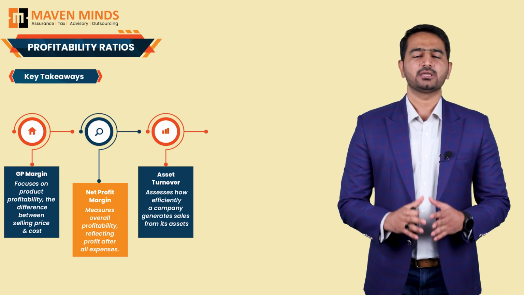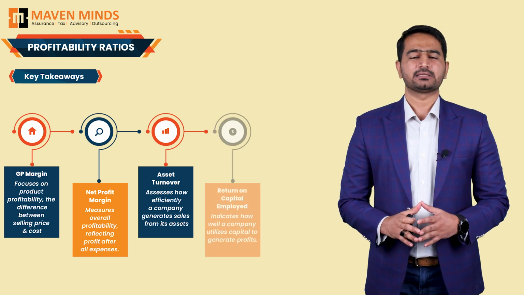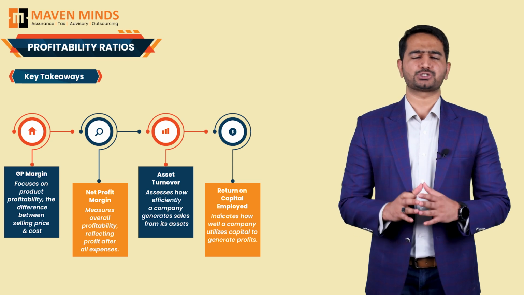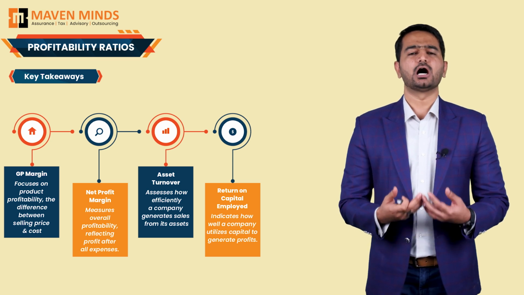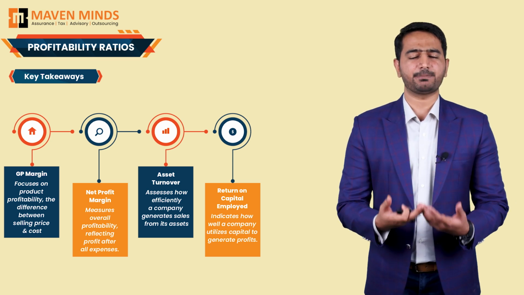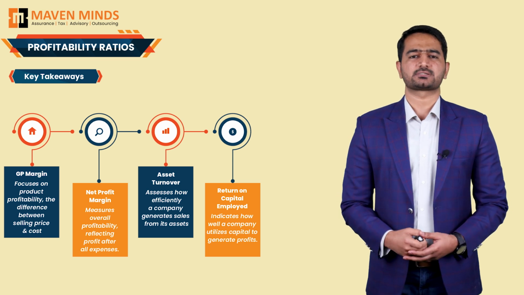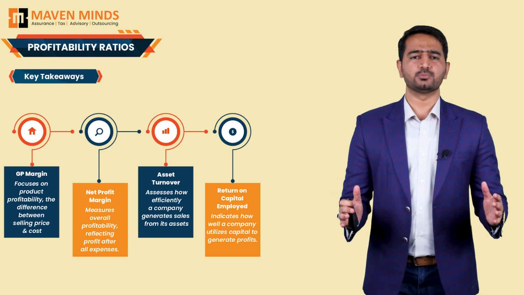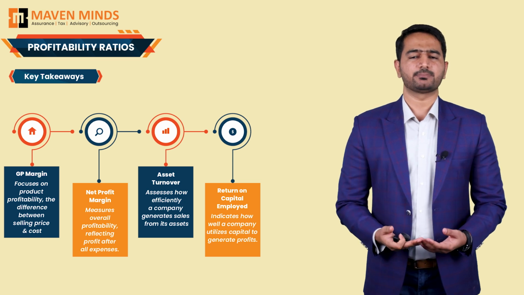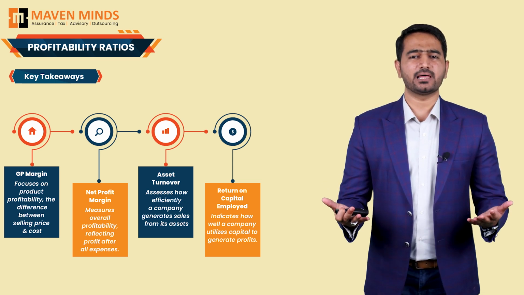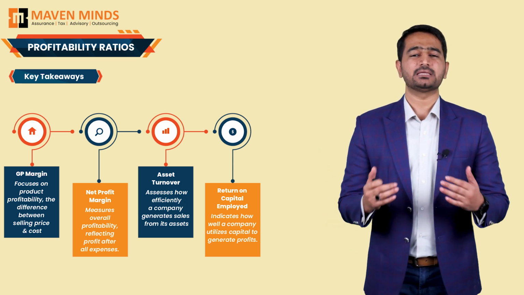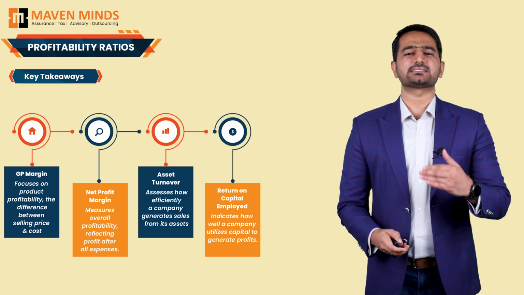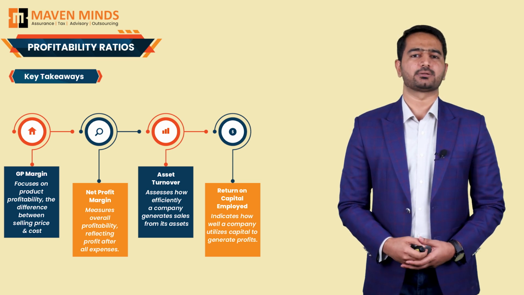And finally, return on capital employed, the ultimate profitability ratio that shows how well a company utilizes its capital to generate profits. Remember, both margins and volumes contribute to profitability, and finding the right balance between prices and volume is the key to maximizing the return on capital employed.